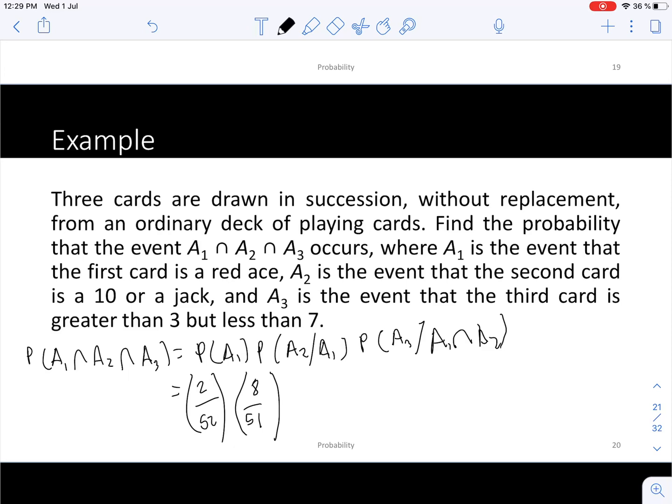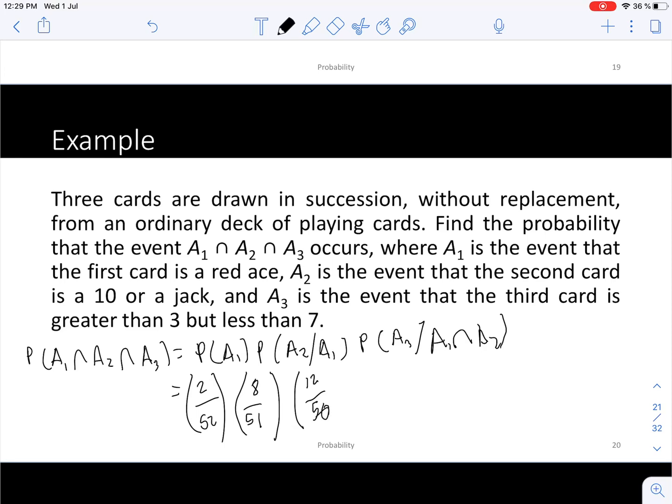Times now the occurrence of the third event given the previous 2 events. The third event is that the third card is greater than 3 but less than 7. That means that the card is a 4, 5, or 6, right? So that then times 4, we have 12 possibilities. So this will be 12 divided by 50.